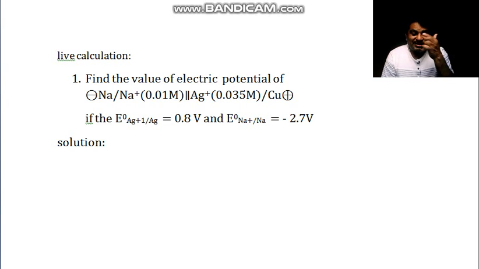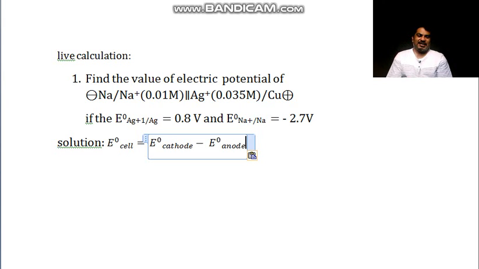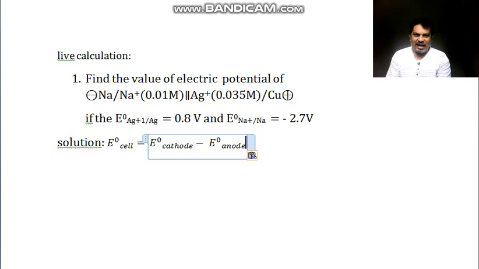The first step, as you know, is to find E degree cell, and here is the equation: E degree cell equals E degree cathode minus E degree anode. Dear students, where do we find these from?